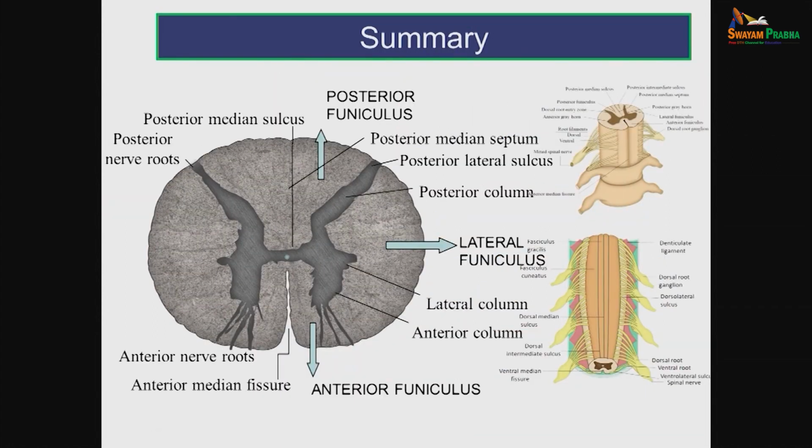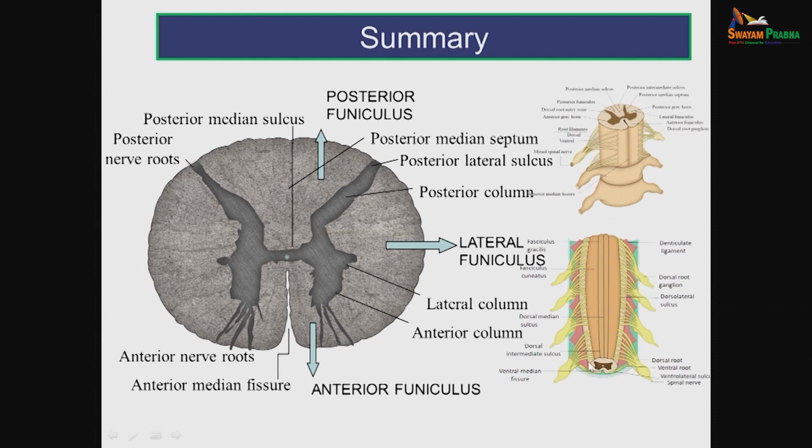So to summarize what we have learned till now, we have talked about the external features of the spinal cord, where an anterior median fissure and a posterior median sulcus divide the cord into 2 symmetrical halves, and we studied that there is an anterior median fissure and 2 anterolateral sulci on the anterior aspect.